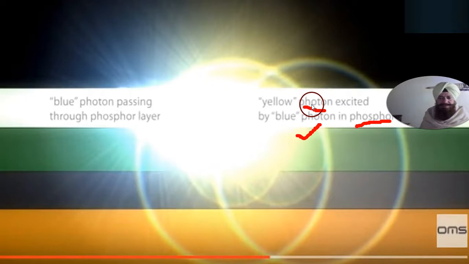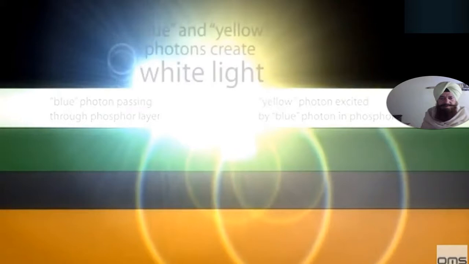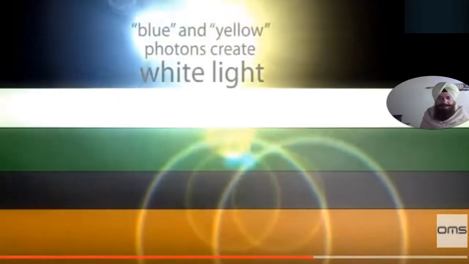When the yellow photons are excited, what comes out through this type of diode? Blue photons and yellow photons come out. And when blue and yellow mix together, they give white light, because yellow is a combination of red and green.